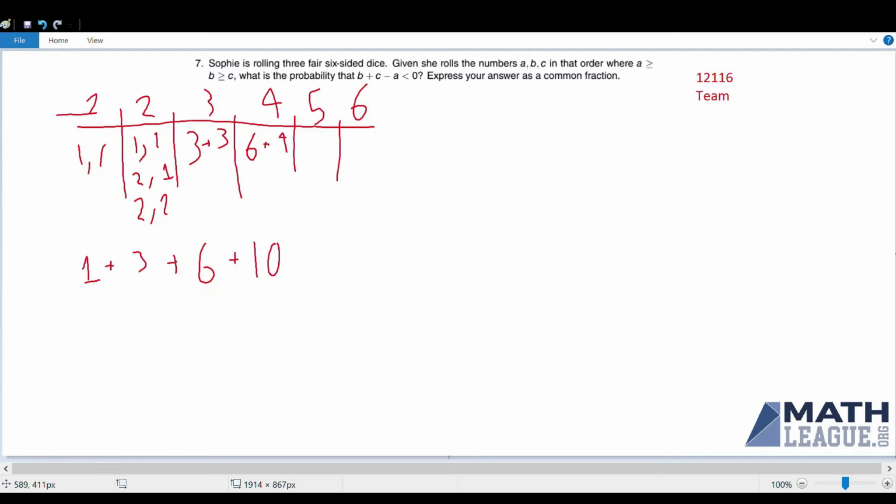For 5, we have this 10 plus 5 for 15, and for 6 we have 15, and then 6 more for a total of 21. So altogether we have 1 plus 3 plus 6 plus 10 plus 15 plus 21, or 56 possible sets of numbers that Sophie could have rolled. So we're going to write that over here, 56.